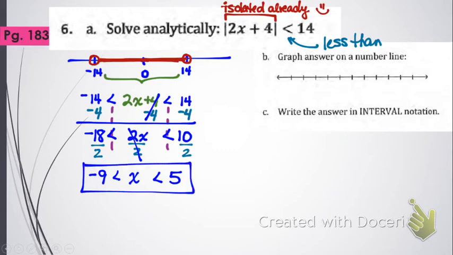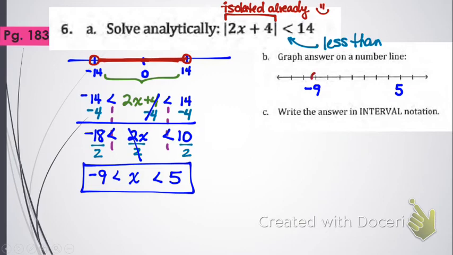Beautiful. When I get to my number line, which of those numbers is going to go farthest to the right? 5, because it's the bigger thing. Negative 9 needs to be farther to the left. You don't have to count each little tick mark. I'm just looking for, do you know basically where these are? Open or closed circles here?